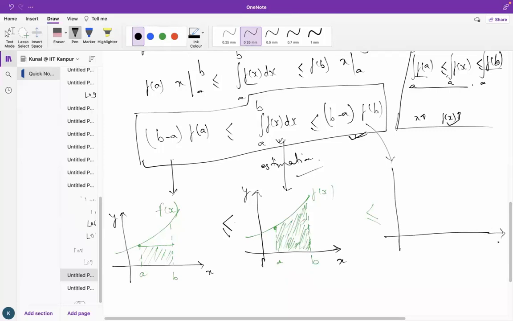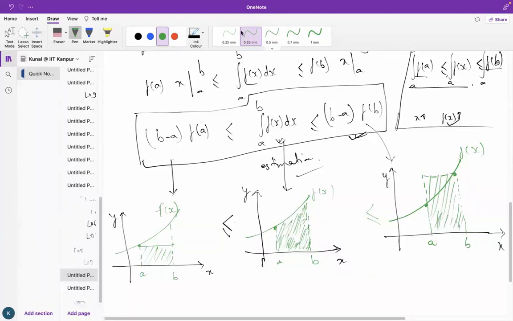We all know that the geometrical meaning of definite integration is area, and I'm using that to estimate the value of the definite integral. So this is our f of x, there is our A, and there is our B. So we are calculating this area.